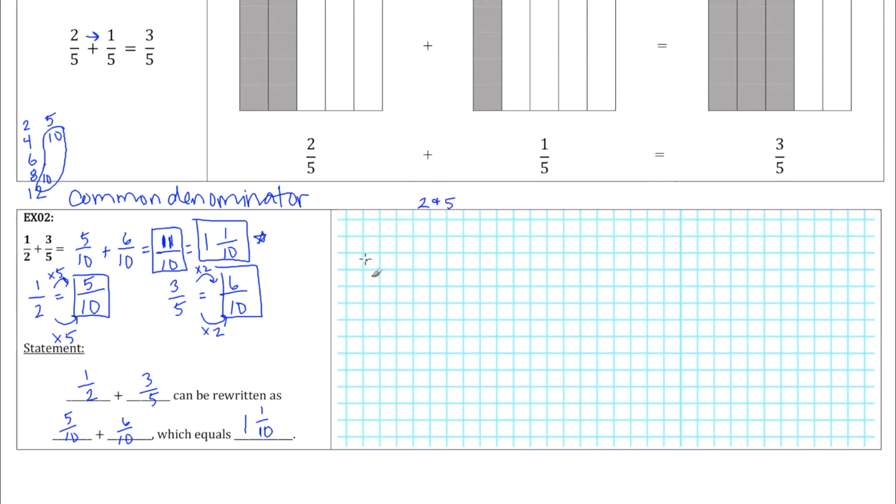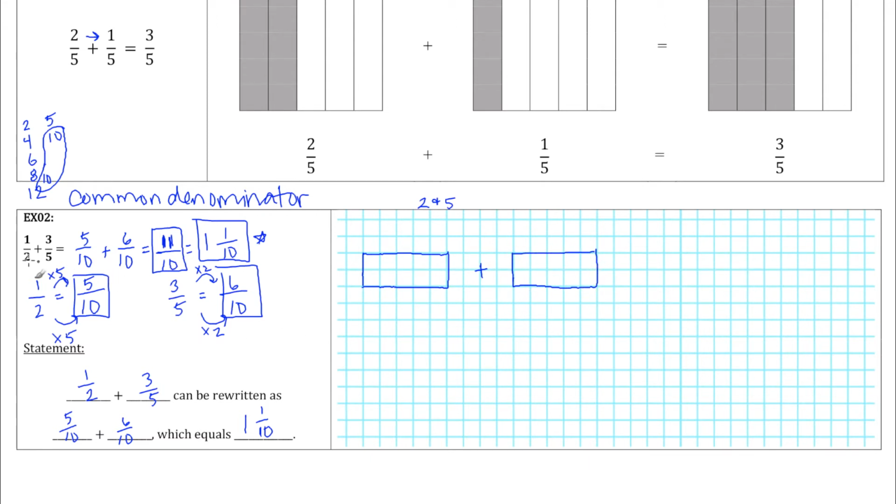So I'm going to go make a 2 by 5. 1, 2, 3, 4, 5. I made a 2 by 5 rectangle. And then I'm going to have the same thing over here, another 2 by 5.